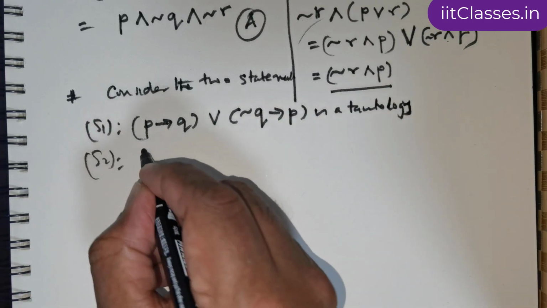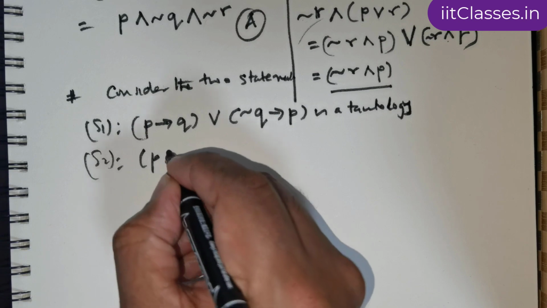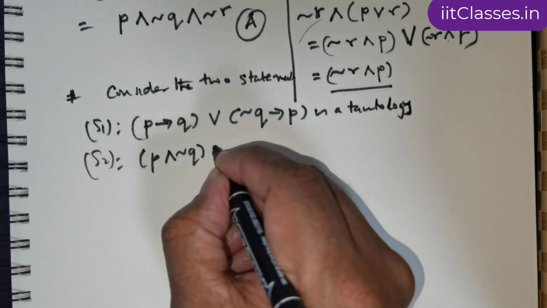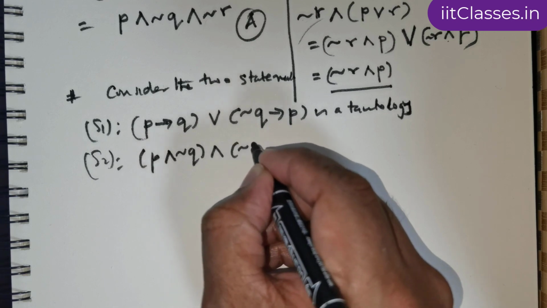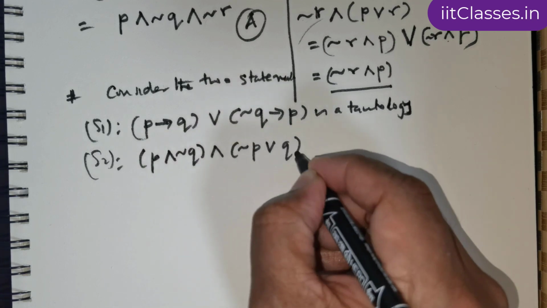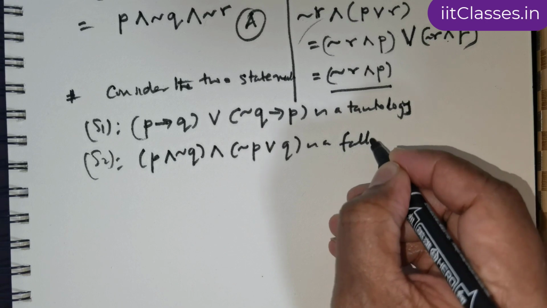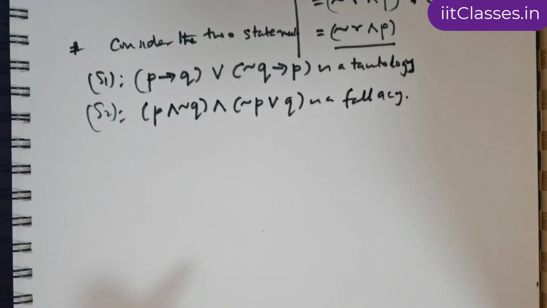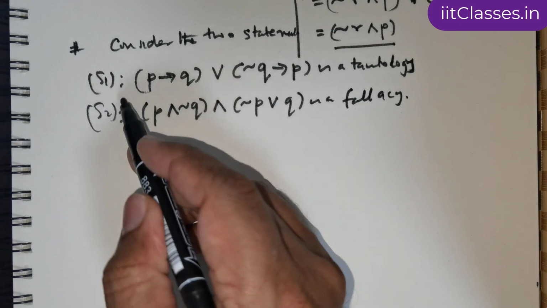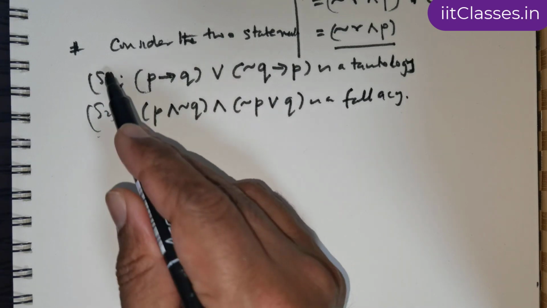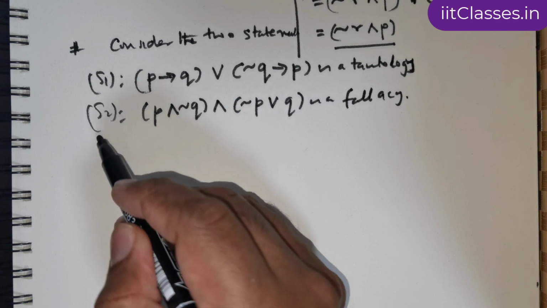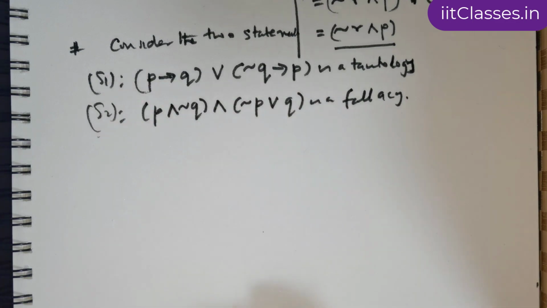Statement 2 is P conjunction negation of Q conjunction negation of P disjunction Q is a fallacy. Now we've been given a series of choices. Choice A, only S1 is true. Choice B, S1 and S2 are false. Choice C, S1 and S2 are true. Choice D, only S2 is true.